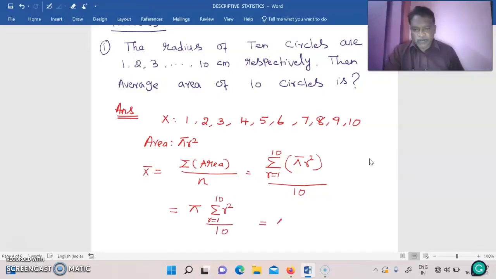So which is equal to pi by 10 multiplied with the sum of n natural numbers square, n into n plus 1 into 2n plus 1 divided by 6. This is the formula.